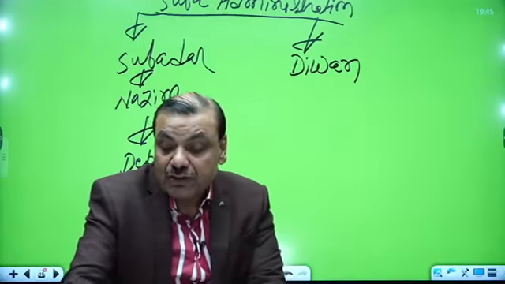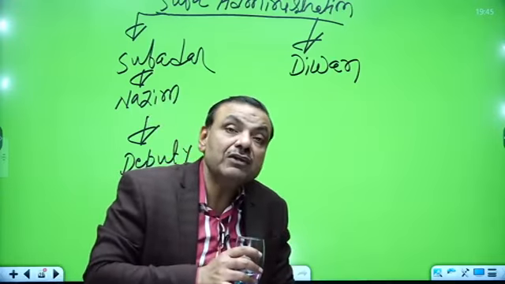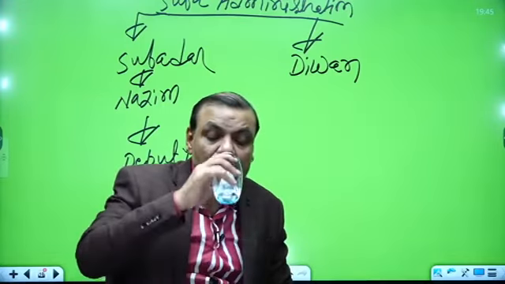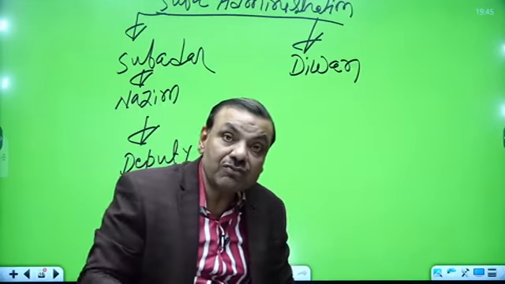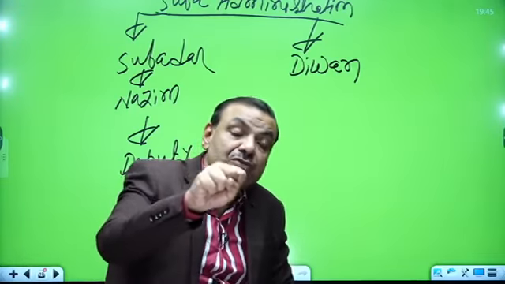My students, in 1772, it was Warren Hastings who came as a governor first, and then he became the Governor General. It was Warren Hastings who directly took the responsibility of the administration.